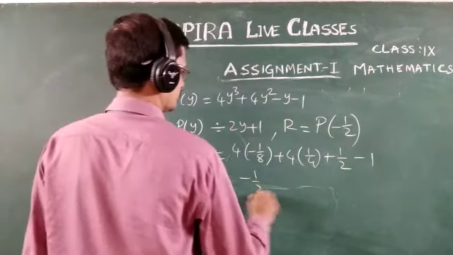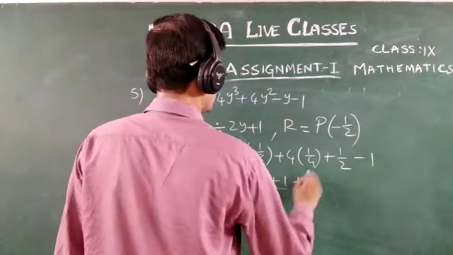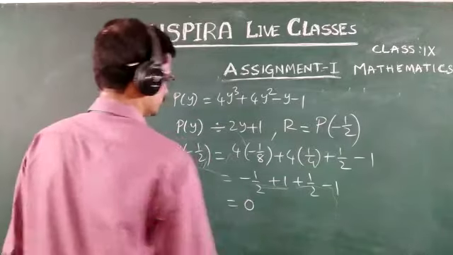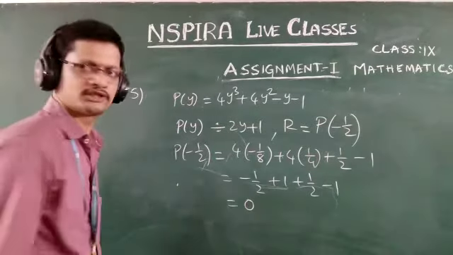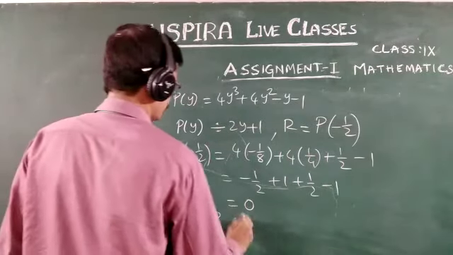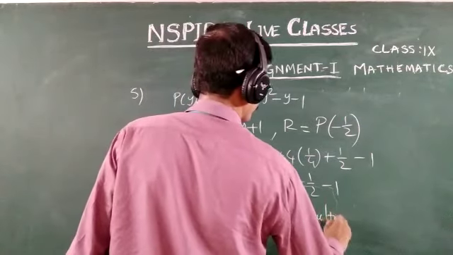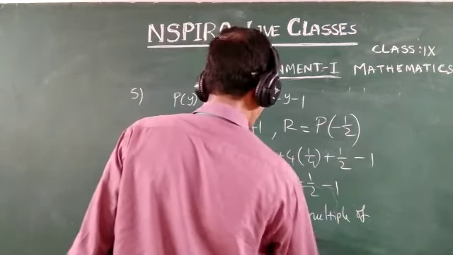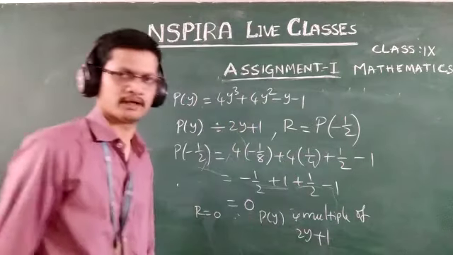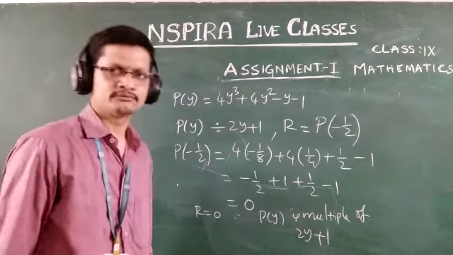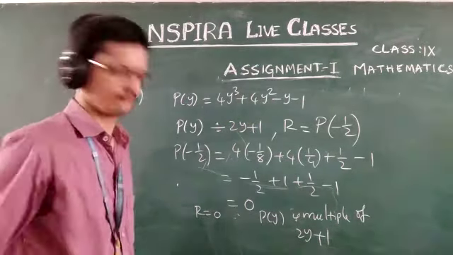That is equal to minus 1 by 2 plus 1 plus 1 by 2 minus 1, which is 0. Remainder 0. Therefore p of y is a multiple of 2y plus 1.